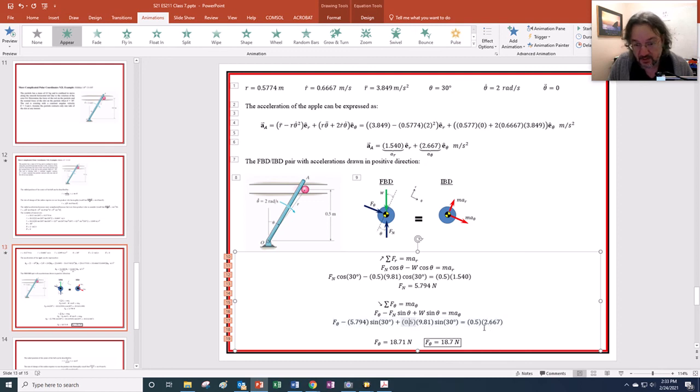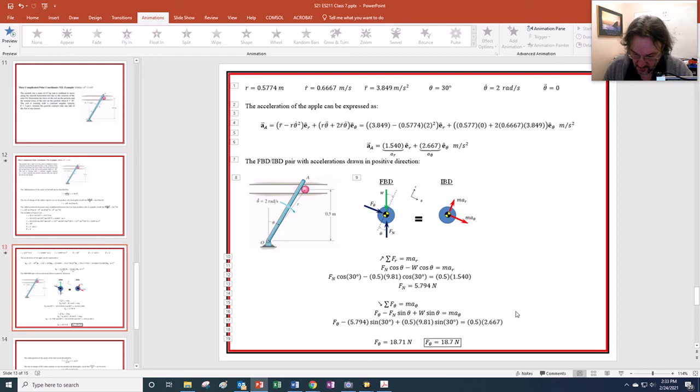That should be positive. Okay, so they got it to be 1.78. Is that what I would get if I had all the right signs as part of this? Let's check it out. So if we have 0.5 times 2.667, and on the other side we're going to go 5.794 times sine of 30, and we're going to add that over on the other side.